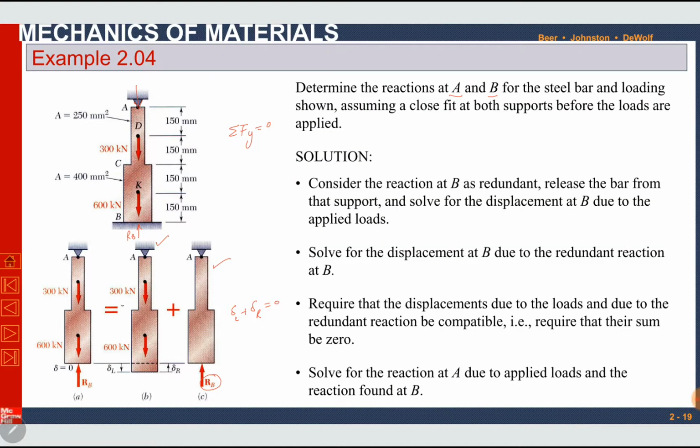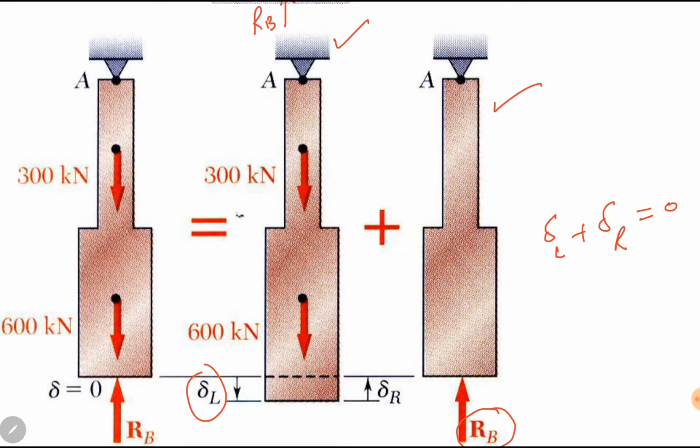So let us move. First we will find delta L and then we will find delta R. To find delta L, we have to section this rod between different points. For example, it has to be sectioned between the free end and the first force, which is 600 kilonewton. The next section will be between 600 and 300 kilonewton.